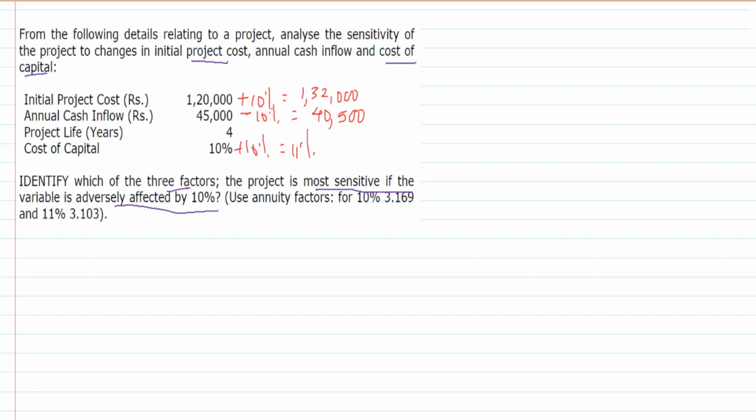Find out the revised NPV and then find out the percentage change in NPV. Once you are ready with the percentage change in NPV, then we can decide which factor is most sensitive for this particular project.